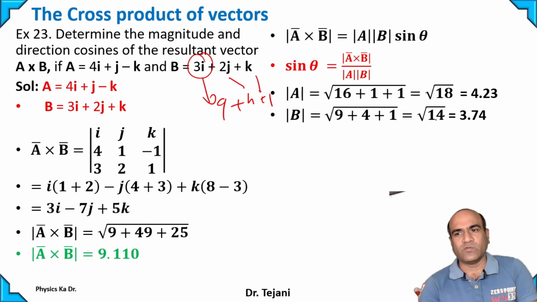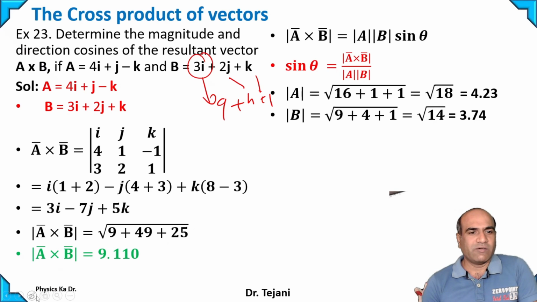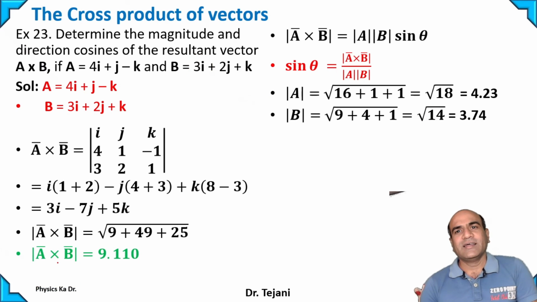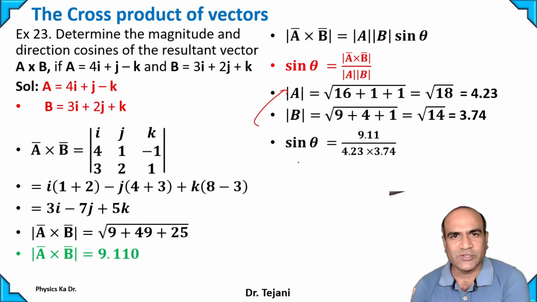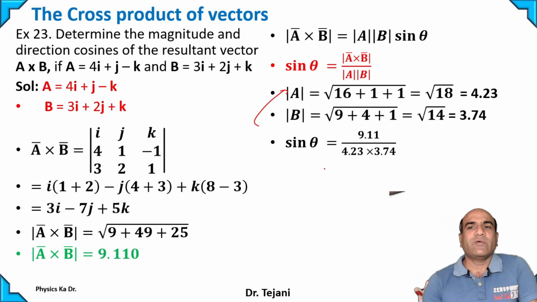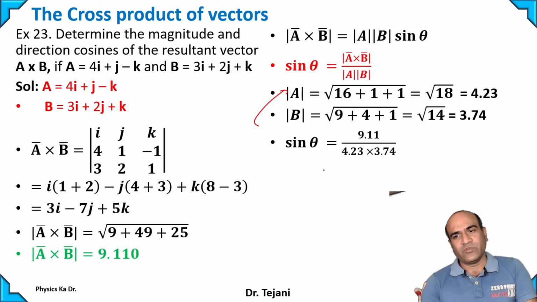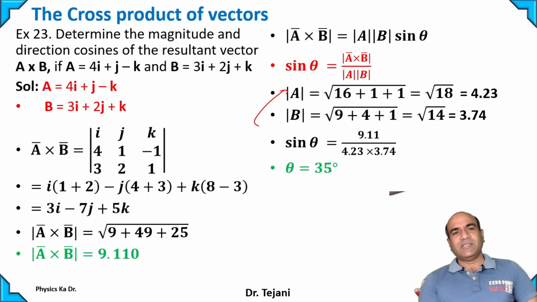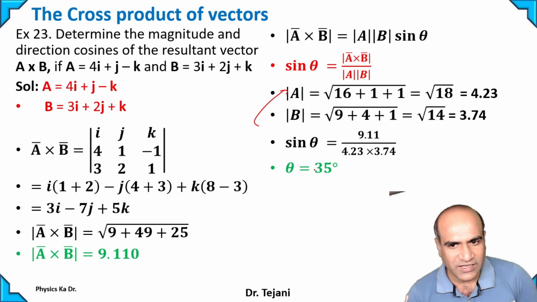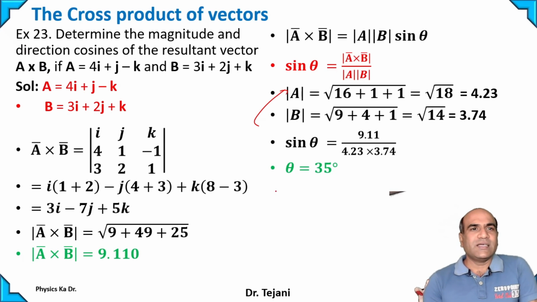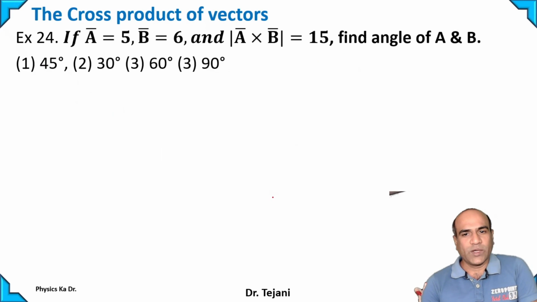So ultimately it is root 14. You can get 3.74 as an answer. Put all these values in the above equation and you will get sine theta is equal to 9.11 divided by 4.23 multiplied by 3.74, and the answer is theta is 35. So it's a very simple question.